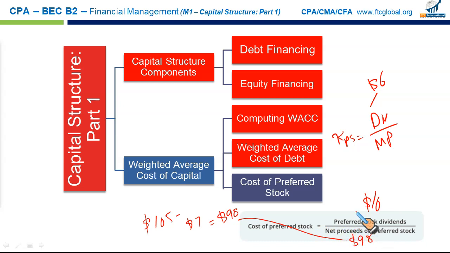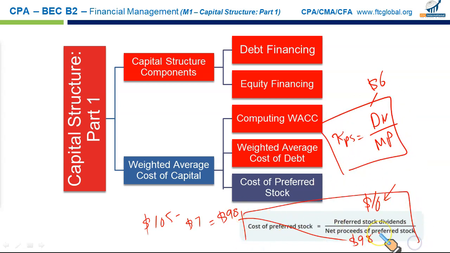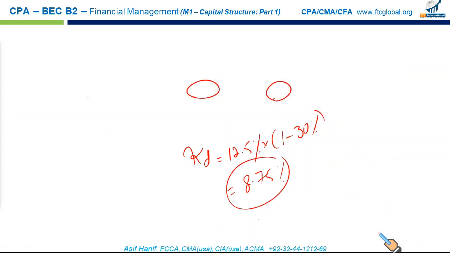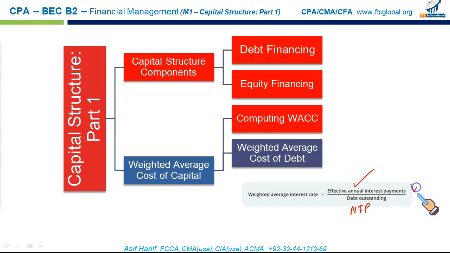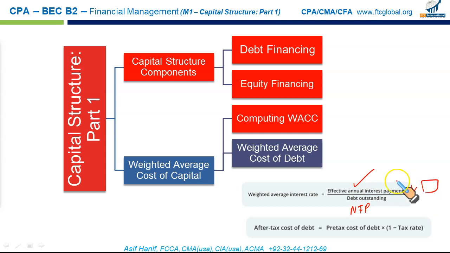So remember, for freshly issued preferred stock, newly issued or to be issued, we use the dividends divided by net issue proceeds. For existing preferred stock, this is the formula. For the new preferred stock, you use the net issue proceeds in the denominator. If new bonds have been issued, you will take the interest cost divided by net issue proceeds multiplied by 1 minus tax. That was the point to be noted.